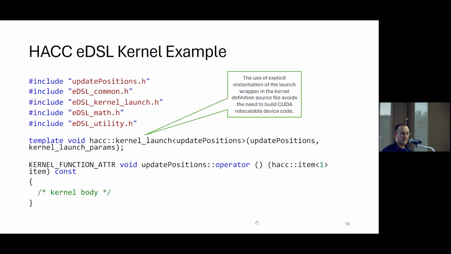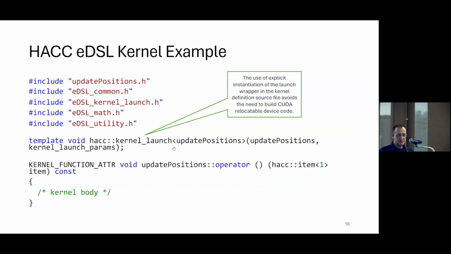And what does our kernel look like? Our EDSL kernel has a few headers that include some of the functionality that we need, and then looks almost like a SYCL kernel would, just by using the device operator.